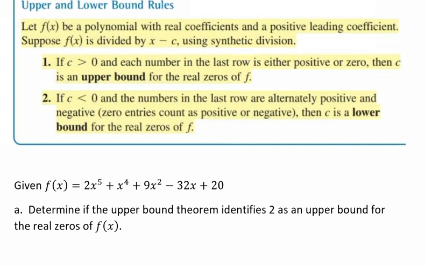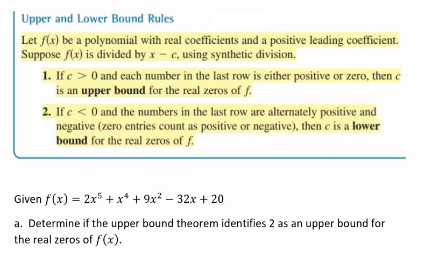of f. Now it's important to note that upper and lower bounds are not unique. Any number greater than b is also an upper bound for the zeros of the polynomial. Likewise, any number less than a is also a lower bound. The rules for finding upper and lower bounds are stated for polynomial functions having a positive leading coefficient.